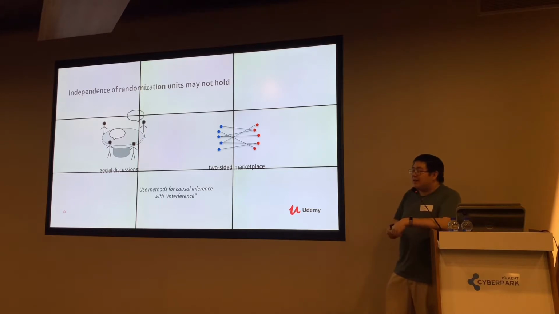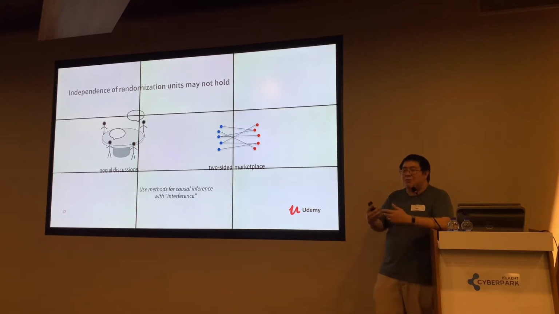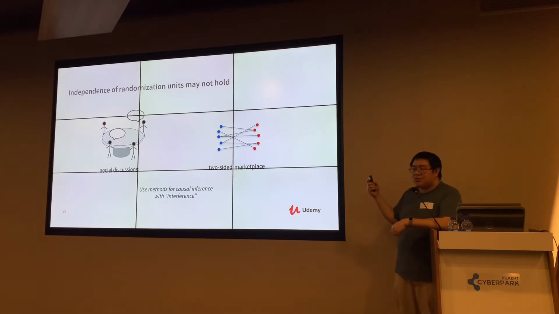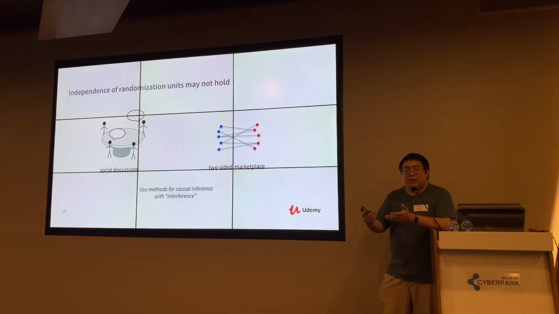Another place where this can arise is, we talked about the fact that Udemy is a two-sided marketplace. And in a two-sided marketplace, we have connections between users and instructors. But there may be cases where there are interactions between individuals on one side of the marketplace with each other. So for example, imagine someday that Udemy goes into a tutoring marketplace. We decide to provide a tutoring service where we connect students with expert tutors.